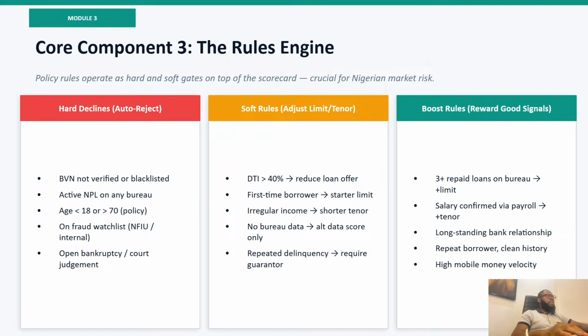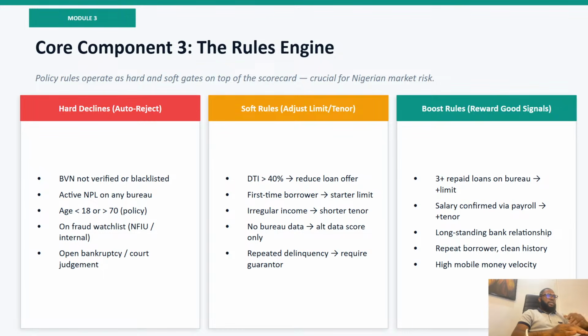The customer has a non-performing loan; the loan agent is able to detect that because it is just a data point in the payload. The age is outside the policy, it is a data point, and it's able to flag it immediately. Is on watch list, has open bankruptcy and whatever. The loan engine has access to these data points and is able to flag these hard rules and decline.